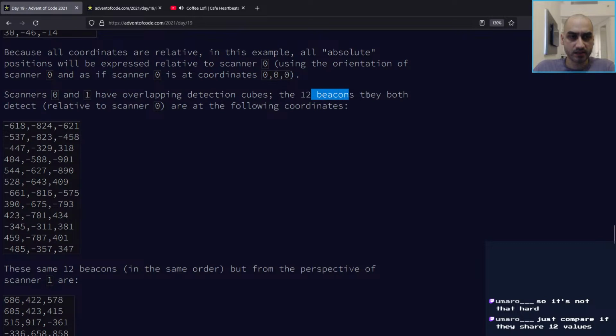The 12 beacons they both detect are at the following coordinates. -618.